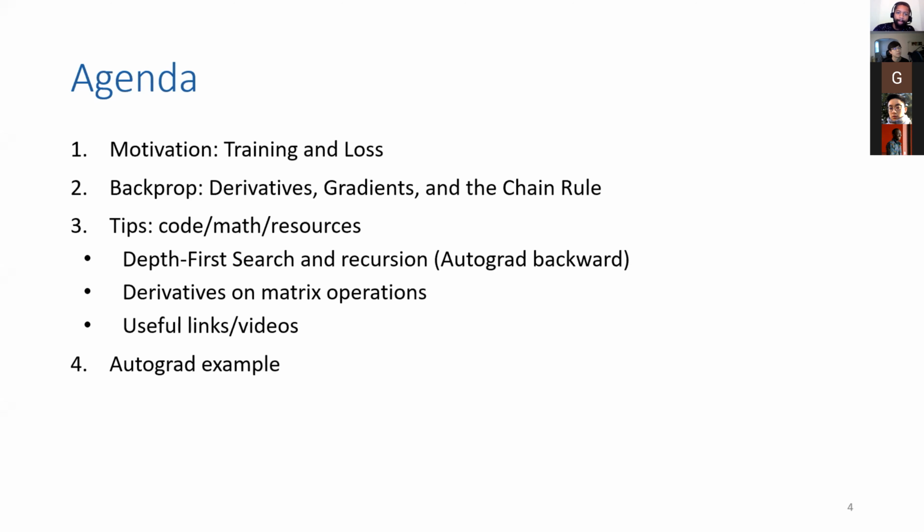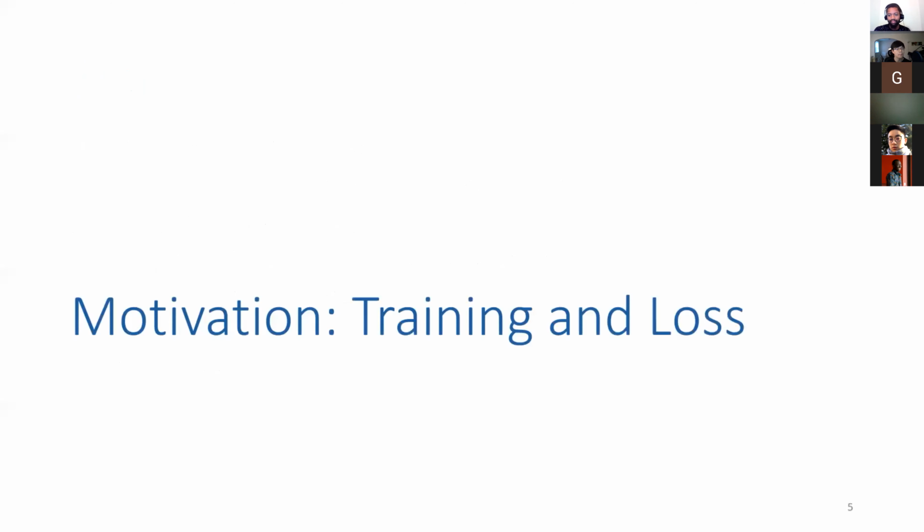Afterwards, we'll get into more direct homework 1, part 1 material: code, math, and extra resources. Finally, item number 4 is the example of autograd, which I will hand over to Auntie at that point, and he will cover that part. So that is the agenda for today.